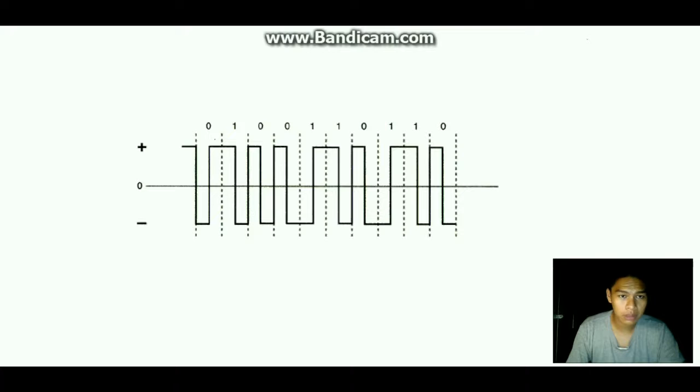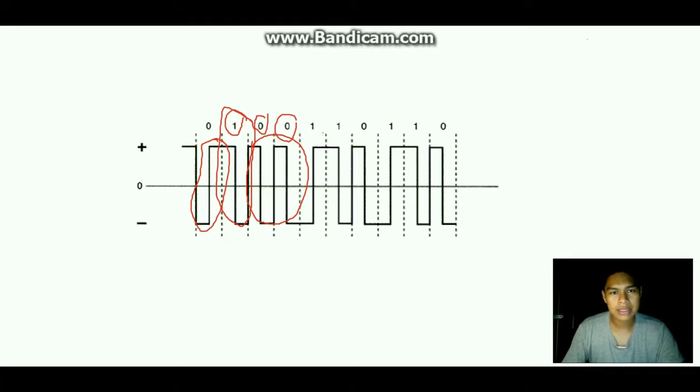Okay, from the beginning, here it starts with a 0, and when the transition changes, it will change into 1. And we can see after this binary 1, the transition still remains the same shape, so it represents binary 0.